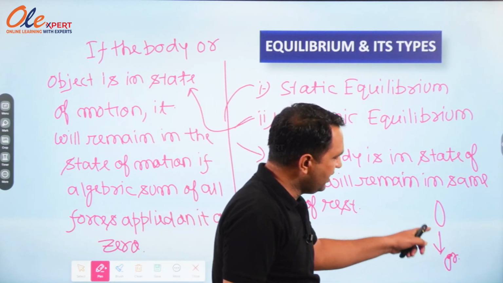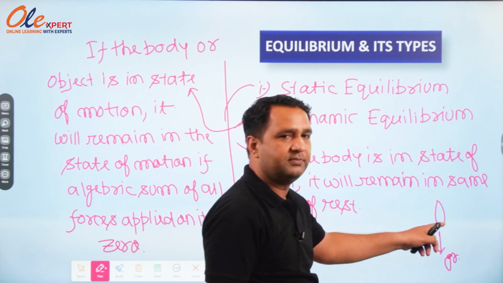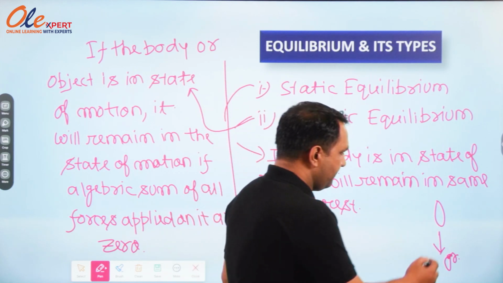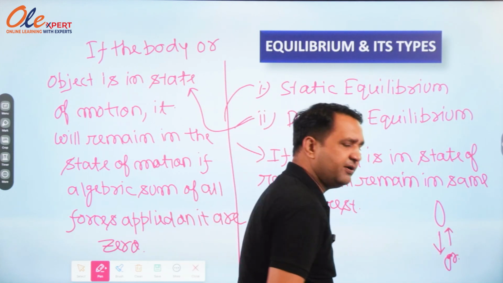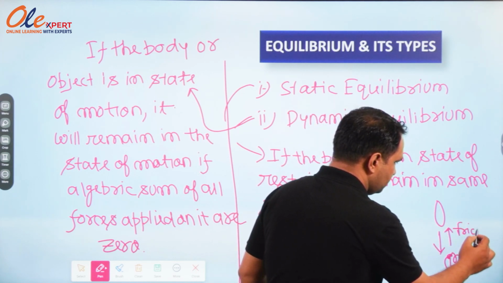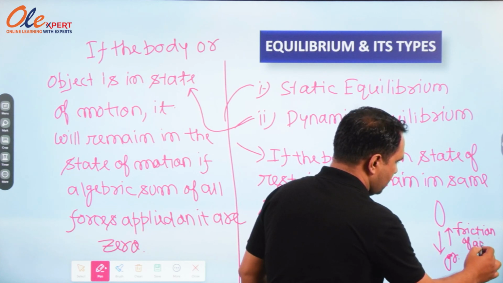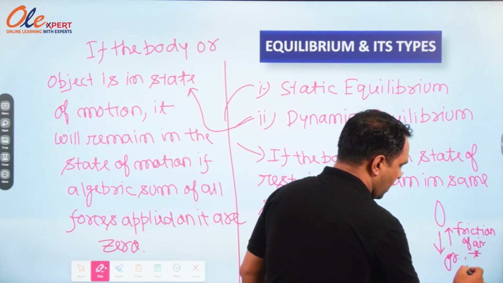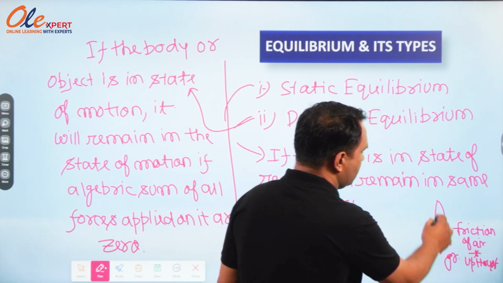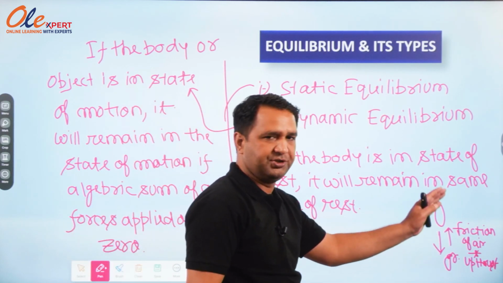If an equal and opposite force is applied on this raindrop, then it will be in a state of equilibrium. So the friction of air and upthrust, these are the two forces which will be applied on this raindrop in the opposite direction.